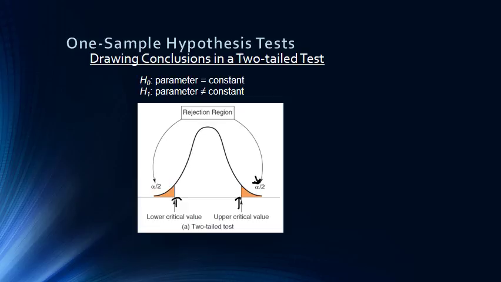Because if the probability you were getting was 0.05, then you divide by 2 and you have 0.025 on this side and 0.025 on that side, because we're looking at the two-tailed test. So the rejection region would be anything that is outside.